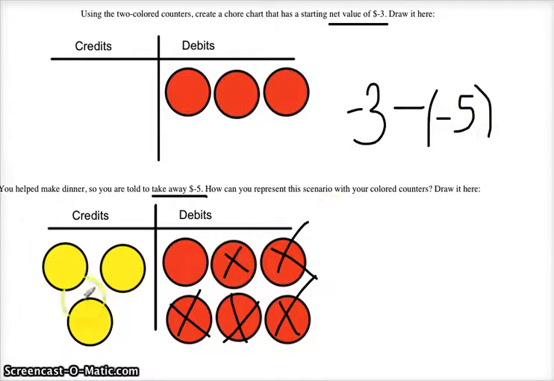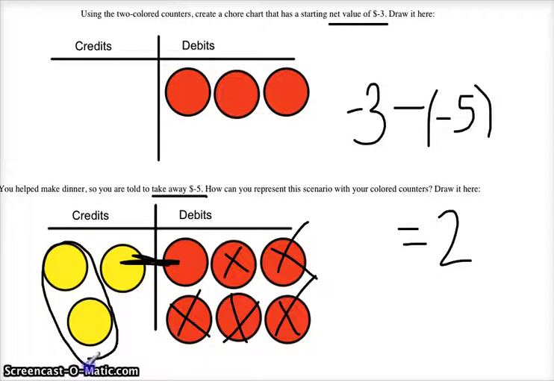And this leaves me with, what's my net value here? Again, 0 pairs sum to 0, so they are not counted here. But a -3 minus a -5 now leaves me with a net result of +2.